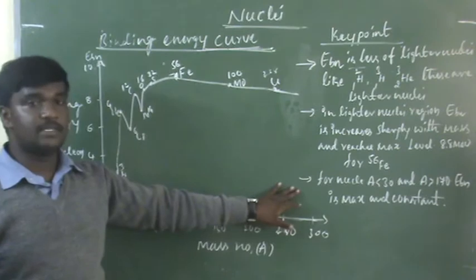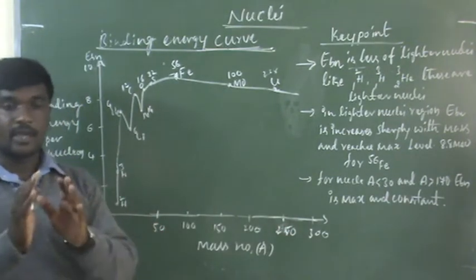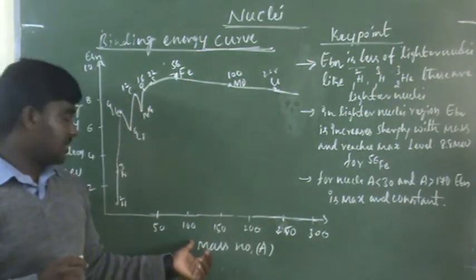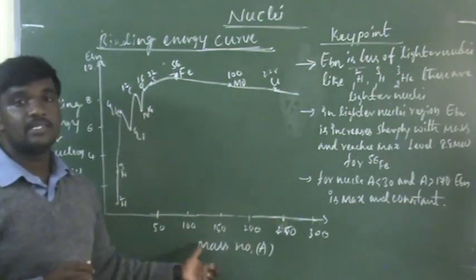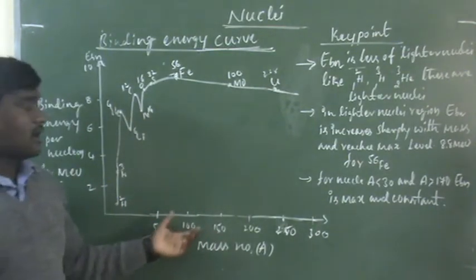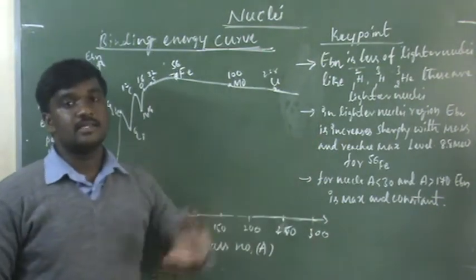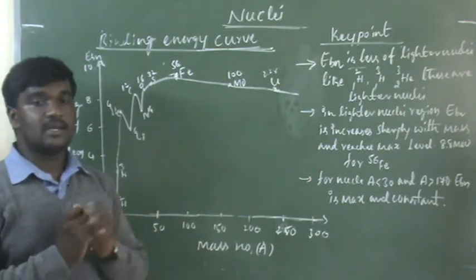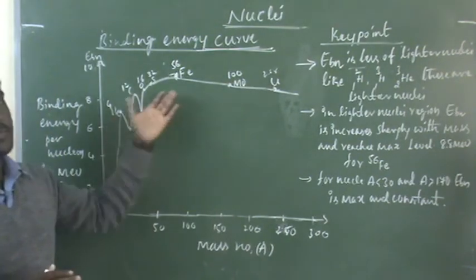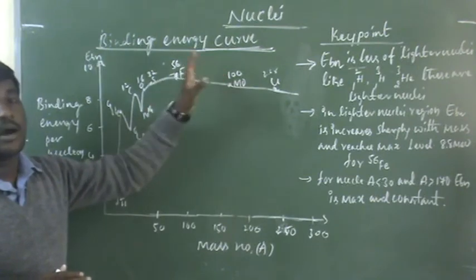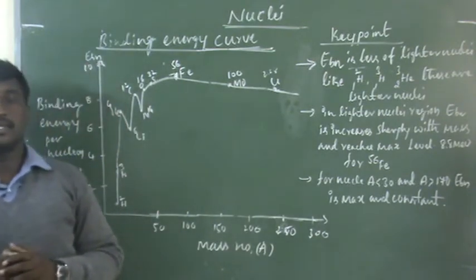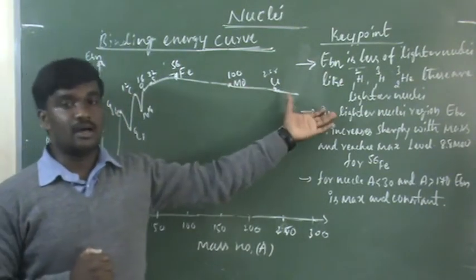The third point says that for any nucleus with mass number between 30 and 170, the nuclear binding energy is maximum and constant.